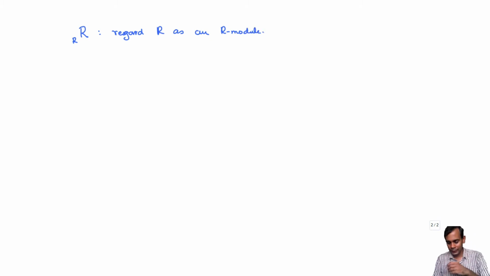So let's take as an R module R itself. Think of R as a left R module. Now this is a finitely generated R module. It is just generated by a single element, the unit of R.